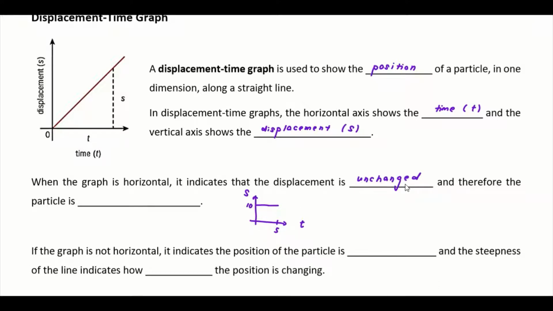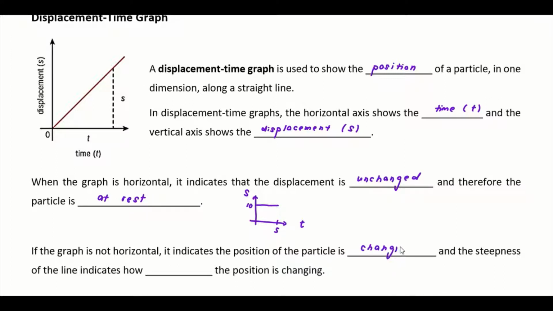If the displacement of the particle is unchanged, it means that the particle is at rest, not moving anywhere. If the graph is not horizontal, it indicates that the position of the particle is changing.